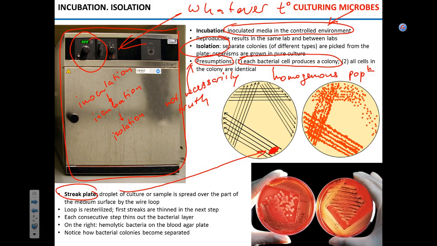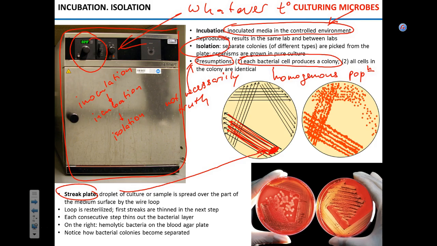And then using a wire loop, usually it's a wire loop, something like that. Okay, here, wire loops. Like this. Okay? I streak. I spread the sample over the surface, just part of the surface of the plate. So far, you with me? Then I sterilize the wire loop to make sure that nothing is on it.